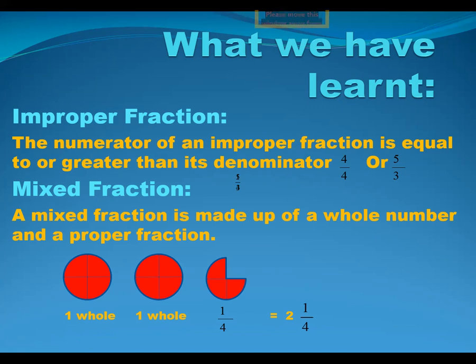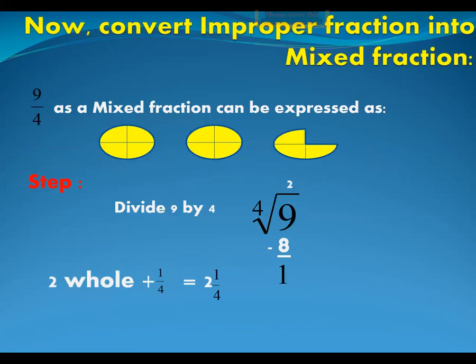Now moving towards today's lecture, we are going to convert improper fraction into mixed fraction. For that, we have to consider an example. I have taken 9 upon 4, an improper fraction, and it can be represented with the help of diagrams as well, as you can see on the screen. The denominator is 4, which means your diagram is going to be divided into 4 equal parts. If I divide my diagram into 4 equal parts, that means I want a total of 9 pieces.